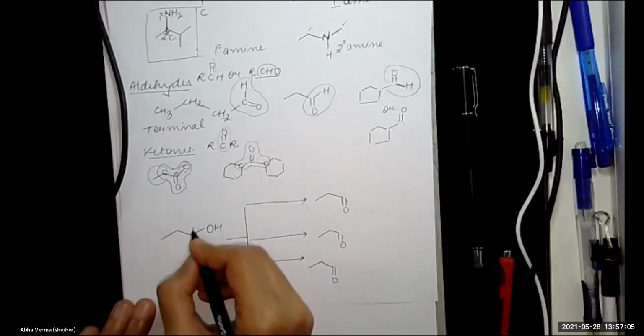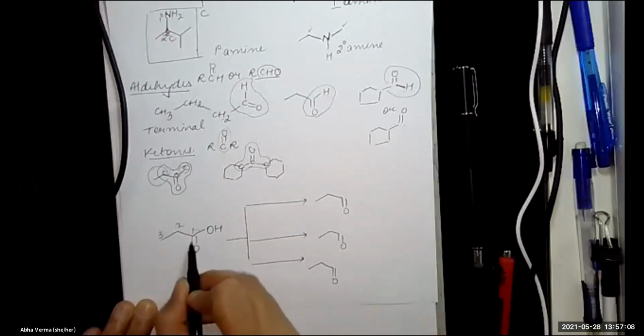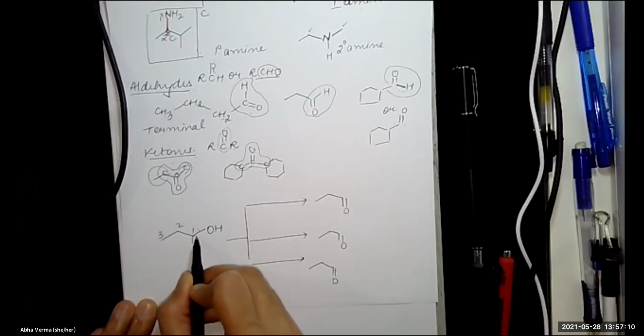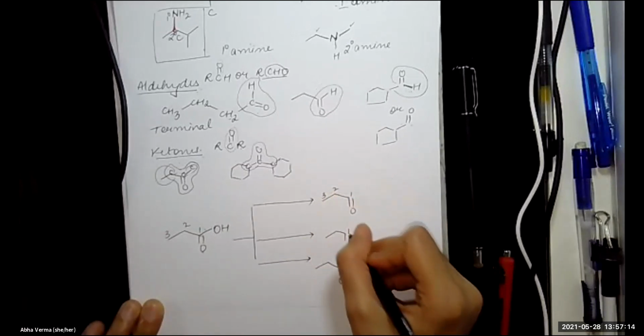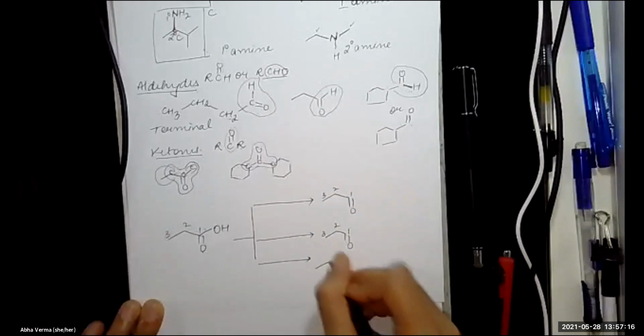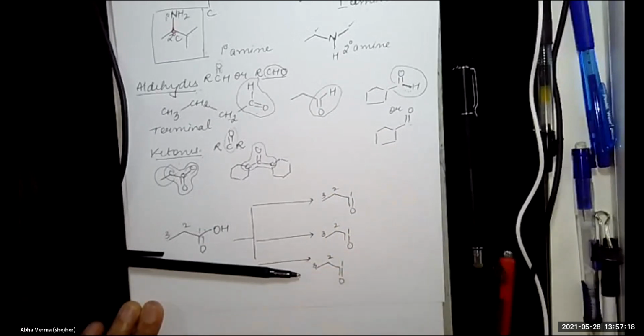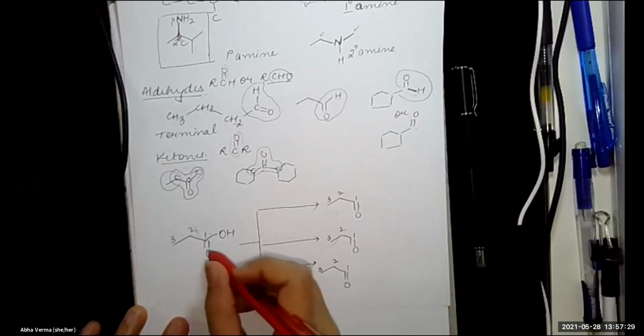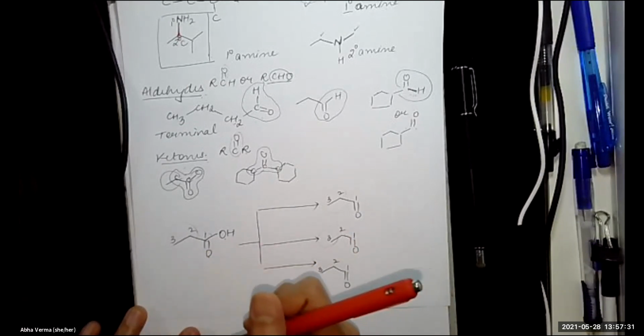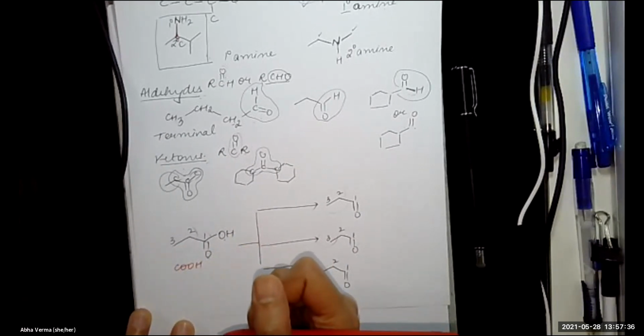Remember, this carbon of the carbonyl, I'm also counting that carbon: 1, 2, 3, 1, 2, 3, 1, 2, 3. If to this R group I have an OH next to the carbonyl, I label it as a carboxylic acid.